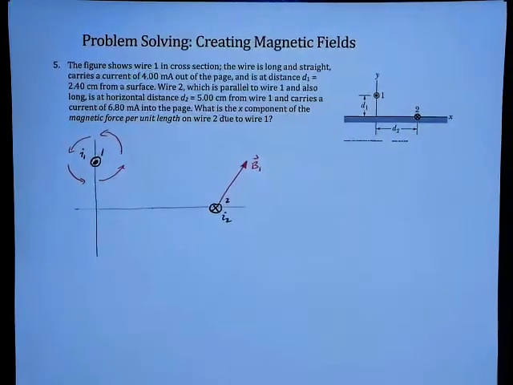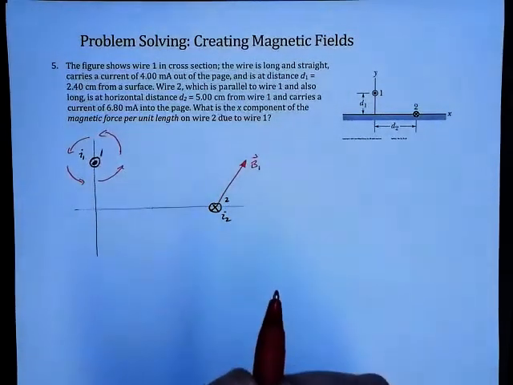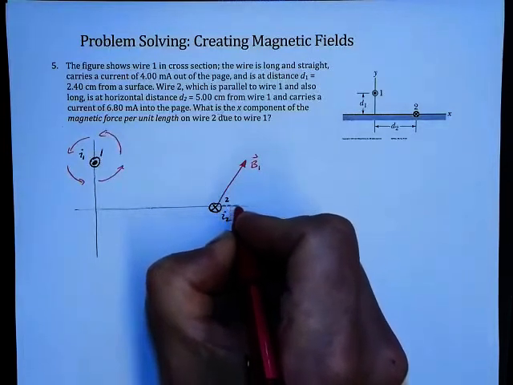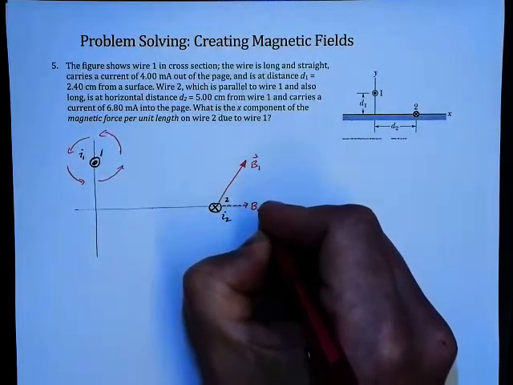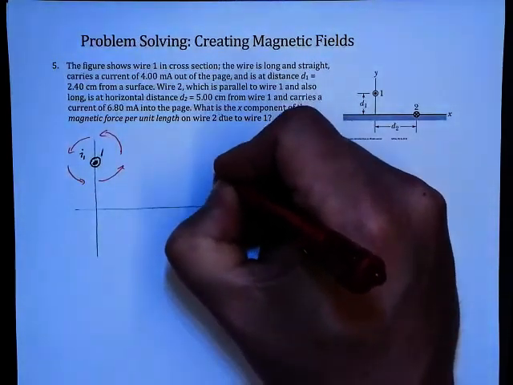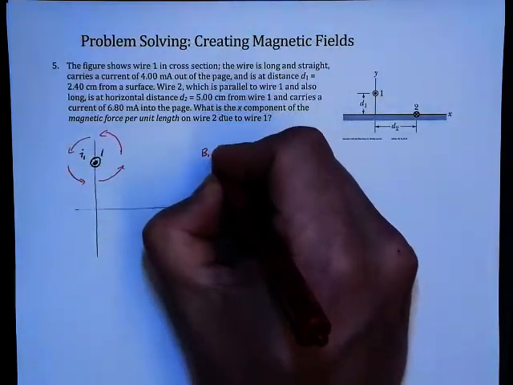And you can approach this a couple of different ways. I think it's slightly easier to break the magnetic field right now into X and Y components. So I'm going to go ahead and do that. Here is the magnetic field from wire 1's X component. And here is the magnetic field from wire 1's Y component.